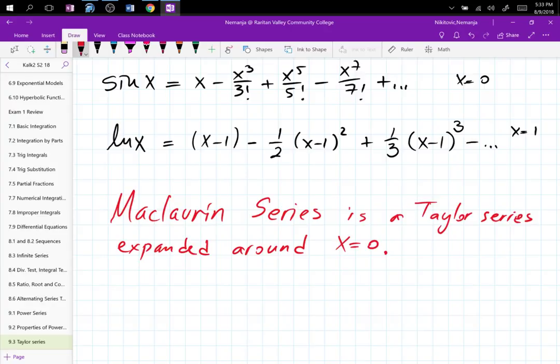You have functions that, right, the ln x, you can't even expand around 0. So it's not that special. But it is what it is. So Maclaurin series have the same procedure as this, and the remainder, again, is the next term. So for here, let's go with the blue.